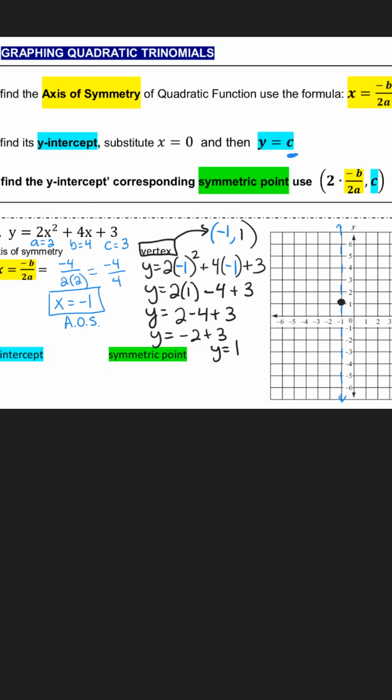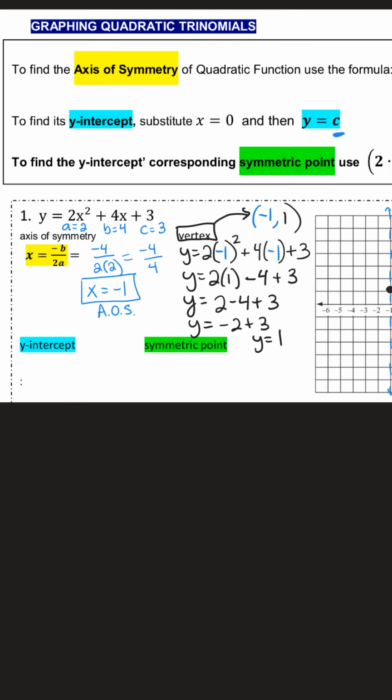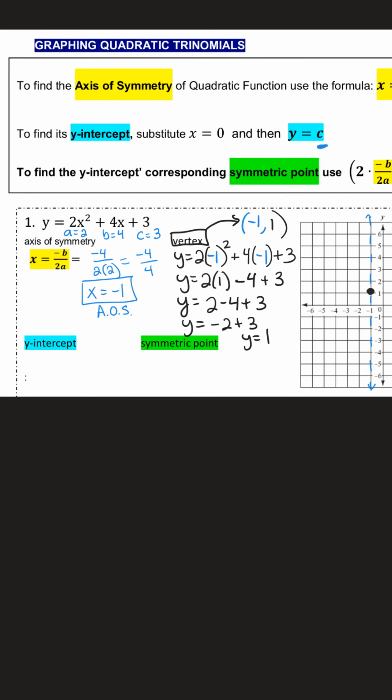Then my y-intercept. So my y-intercept is whenever x is 0, or it's just the c term, guys. It's so in front of your face that sometimes we miss it. So just for instance, I'm just going to do all this work and then you're going to see why. So 2 times 0 squared plus 4 times 0 plus 3.